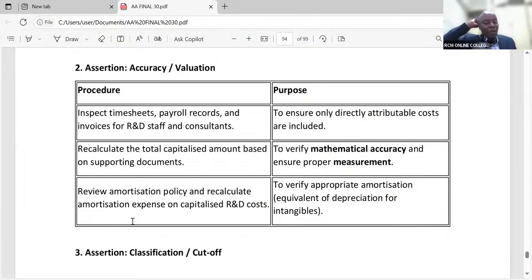So in this case here, we have review amortization policy and recalculate amortization expense on the capitalized research and development cost to verify appropriate amortization, equivalent of depreciation for intangibles.